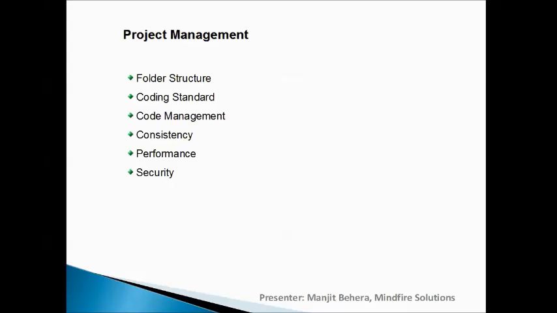Then security. In FileMaker, we have 5 layers of security. First is the file level security, where we give a username and password to the file. That is the file level security.